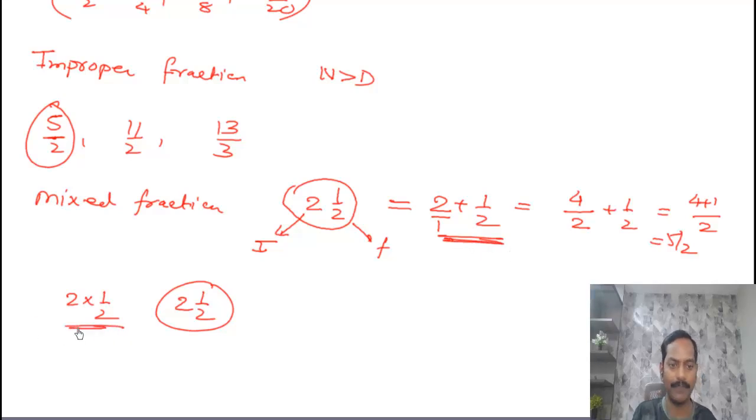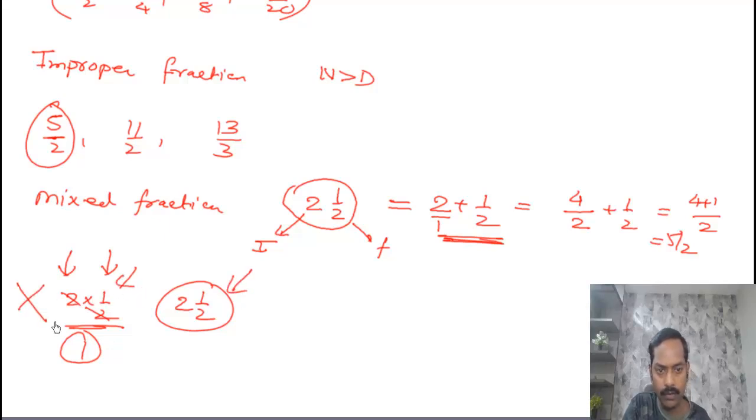If this is written, this is effectively 2 multiplied with 1 by 2. So an integer is multiplying with a fraction. When you calculate, obviously you will get 1 only, right? It is not equal to 2.5. So don't be confused that this is equal to this. This is not equal to this. Rather, this is equal to this, right? So these are mixed fractions.